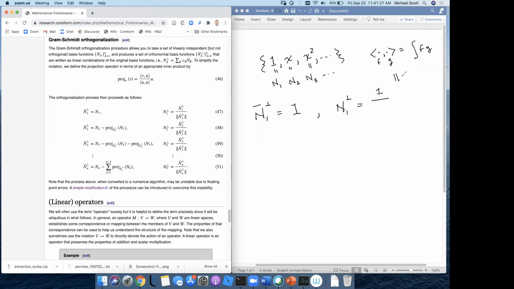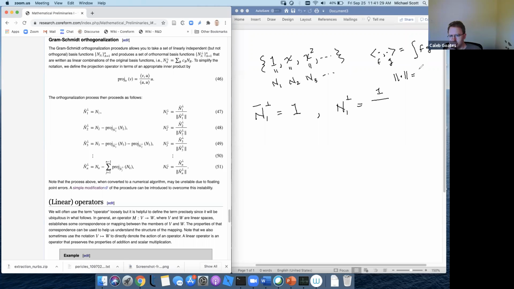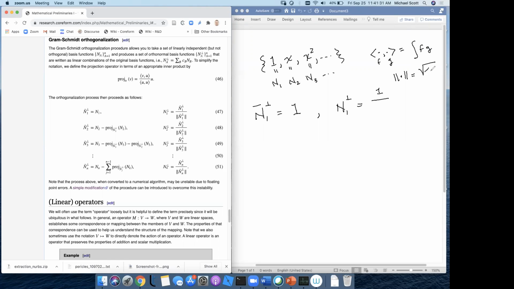The norm is nothing more than the square root of the inner product. So if we want the norm of the function 1, that's equal to the square root of the inner product of 1 with 1.